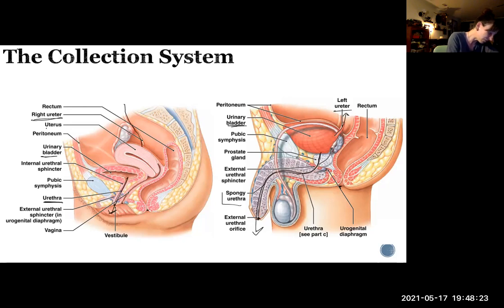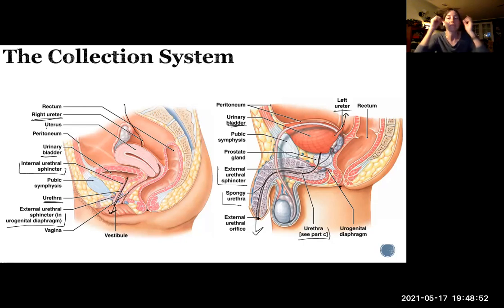You have an external sphincter and an internal sphincter. Do we have the internal here? It's not shown here on the male, but both males and females have an internal sphincter and an external urethral urinary sphincter.